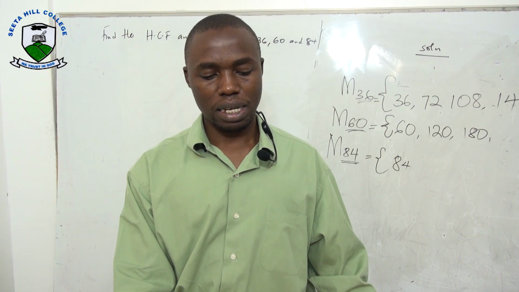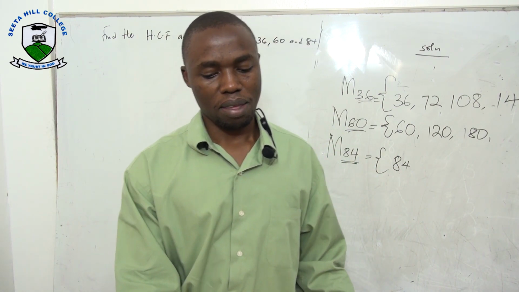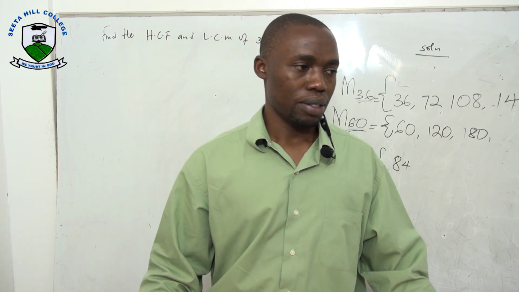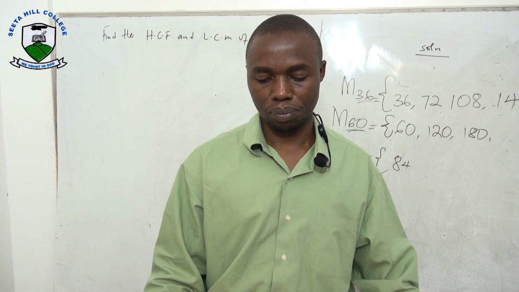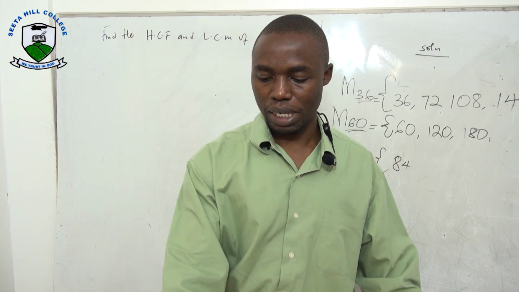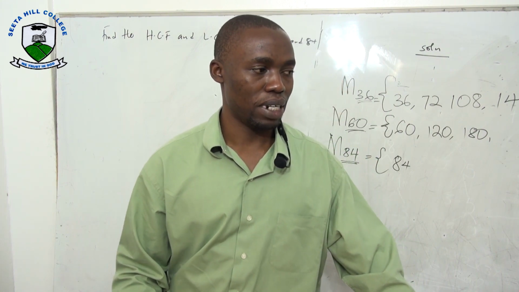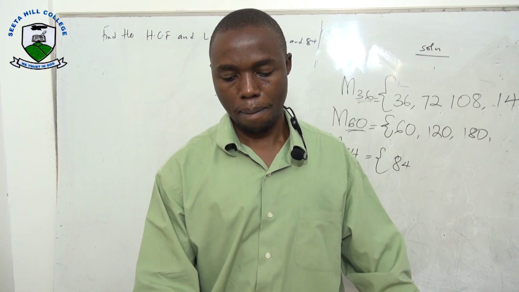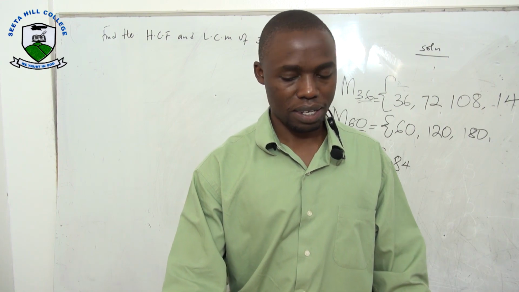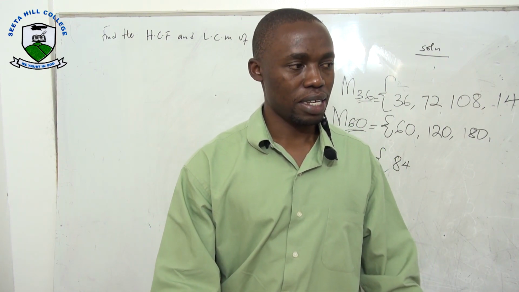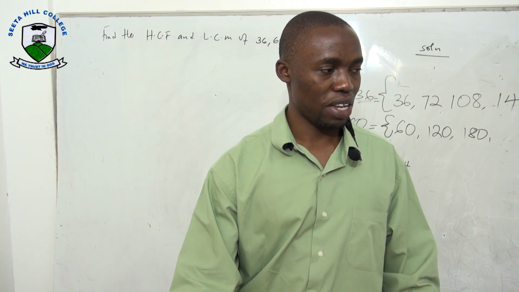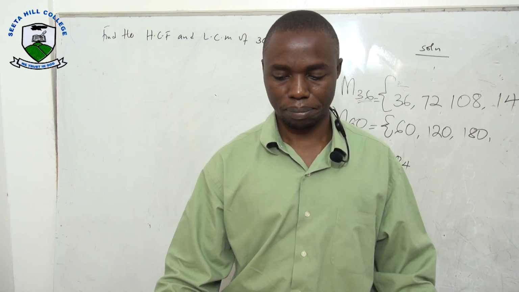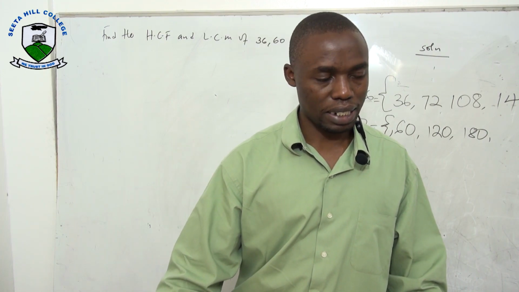Yeah. Now, this one, find the smallest sum of money which can be given to a family so that a child, mother and father can get 7,500 shillings, 9,000 shillings, and 12,000 shillings respectively.